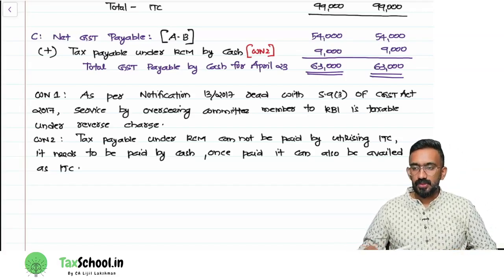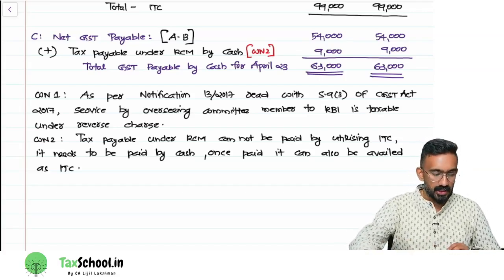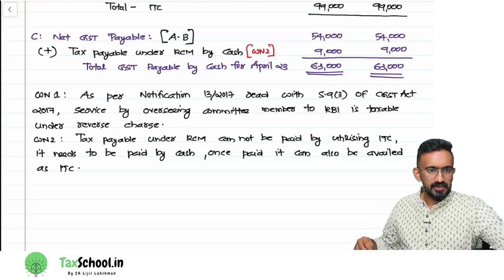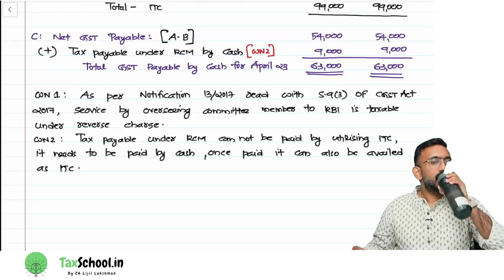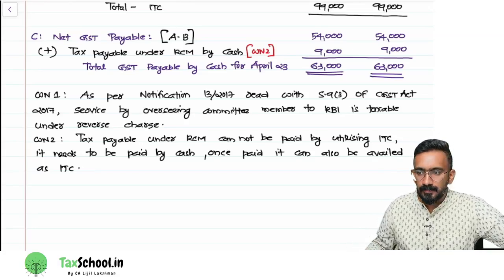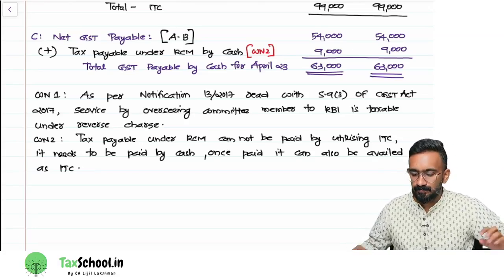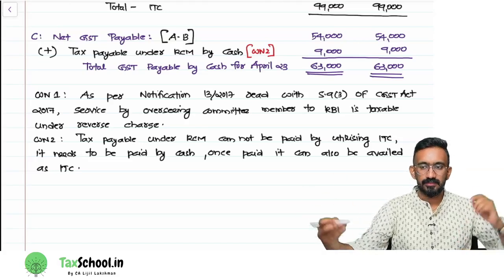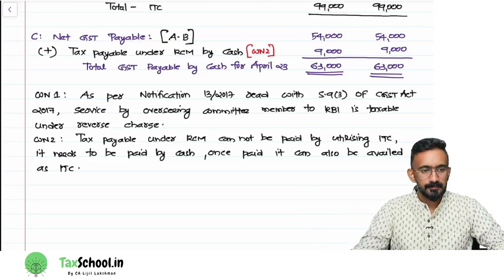So this is how you will solve a question. Is it clear? Can I have a quick yes on the chat box and a thumbs up from the Chennai batch? All right.